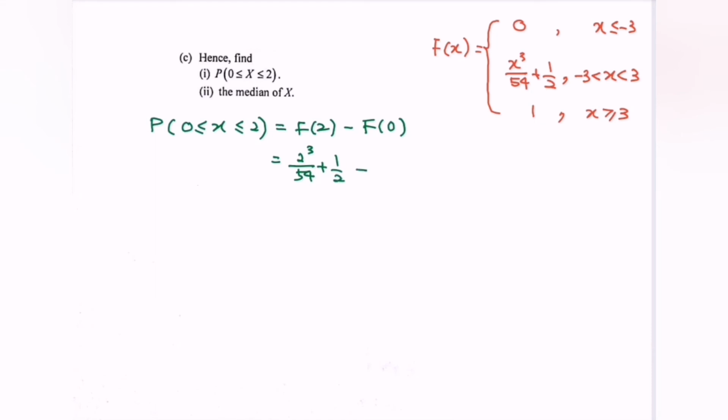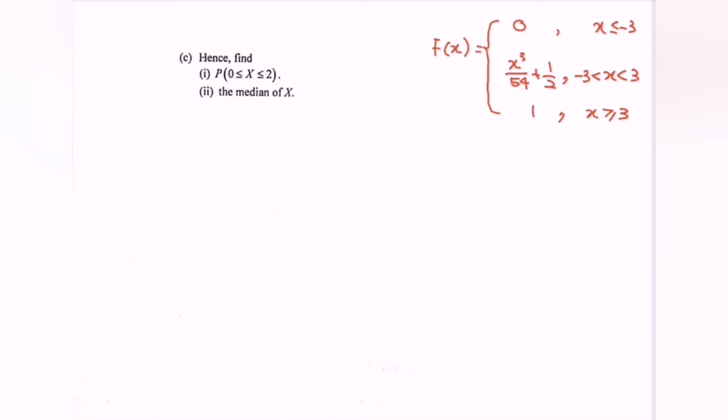The situation is still the same, we are using the second function: 0 to the power of 3 over 54 plus 1 over 2. So here we have 8 over 54 plus 1 over 2 minus 1 over 2. So finally, we have 4 over 27, or 0.148.